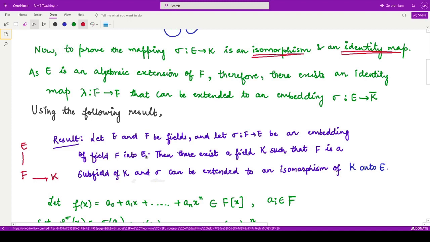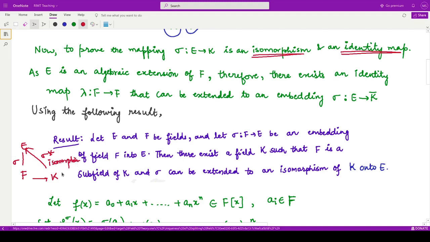If E and F are fields and sigma from F to E is given to be an embedding, then there exists a field K such that F is also a subfield of K and sigma can be extended to an isomorphism of K onto E. So this could be extended to another mapping, which is also an identity mapping, and this now becomes an isomorphism.